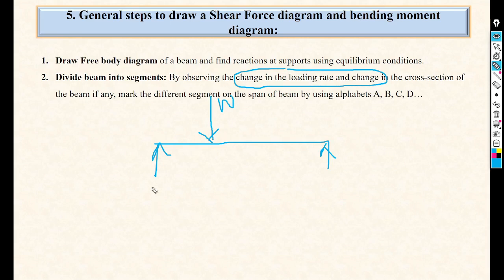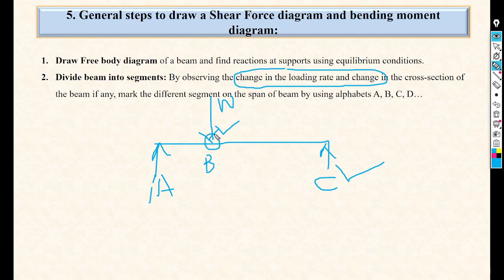Okay, so now here we can see at this point simply supported one support is there, this point is also support is there, and here is the one loading. So we can consider AB as a first section and BC as a second section. AB first section, BC second section. Why we have considered these two different cases or two different segments?